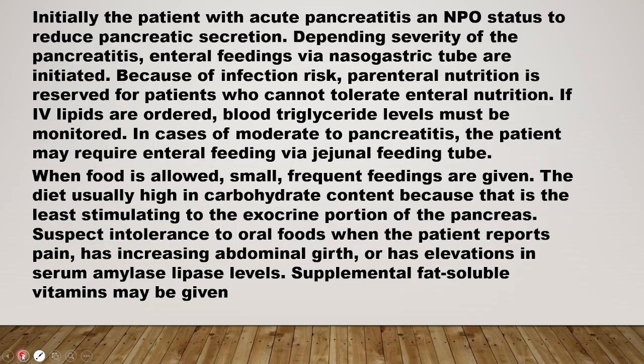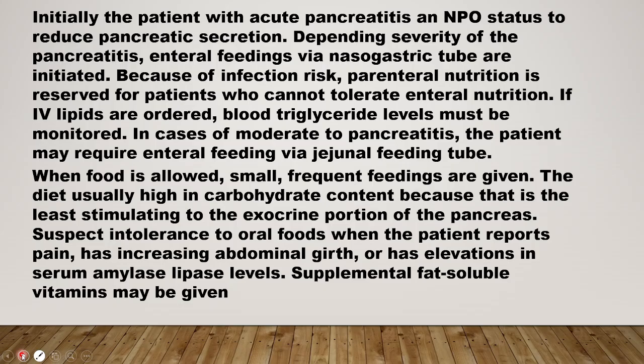So what about the partially digested food which comes from the stomach to the duodenum? It is not digested properly in pancreatitis because pancreatic enzymes are absent. So we provide artificial pancreatic enzyme replacement therapy to aid in digestion and absorption of nutrients.